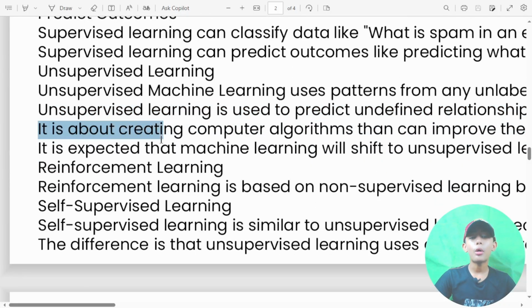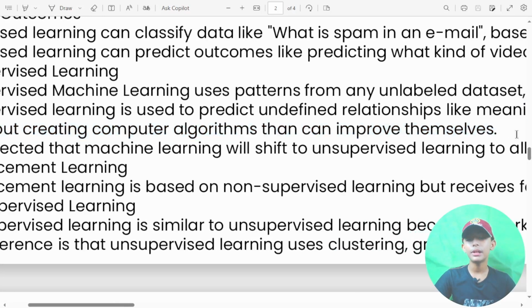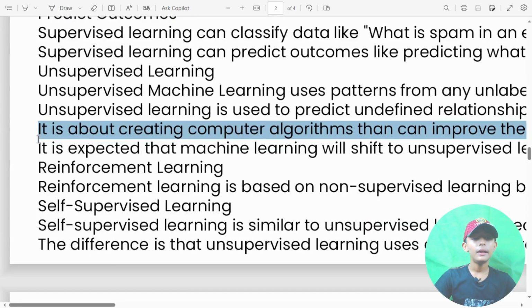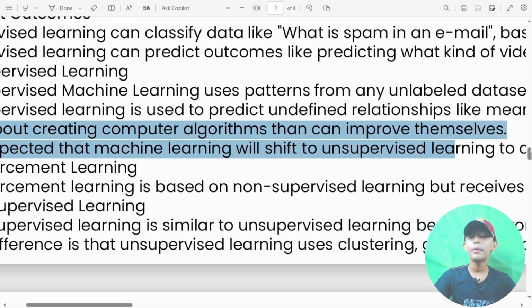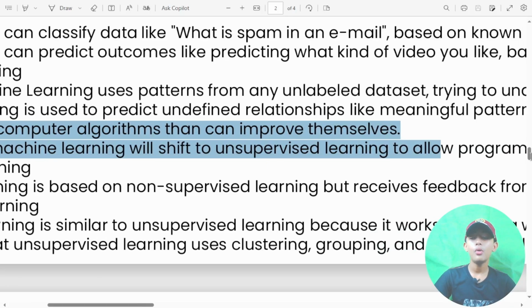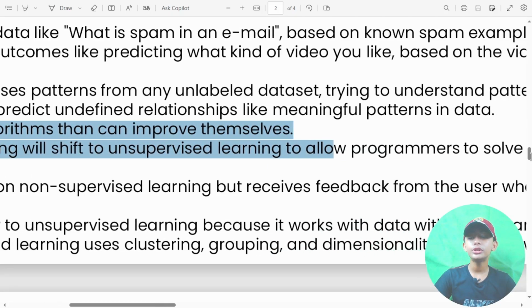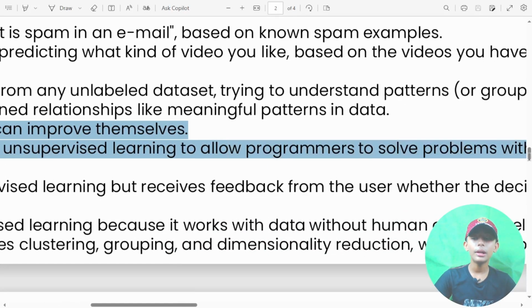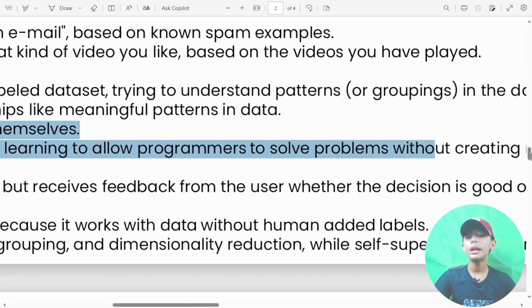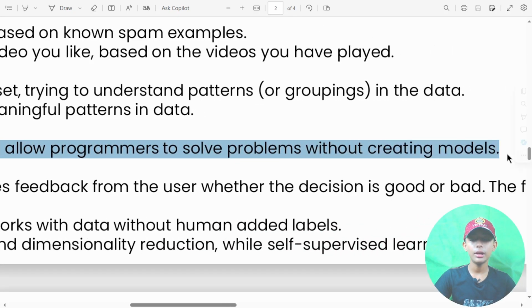It is about creating computer algorithms that can improve themselves. It is expected that machine learning will shift to unsupervised learning to allow programmers to solve problems without creating models.